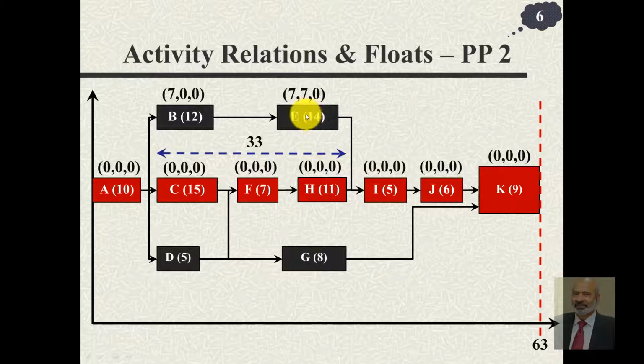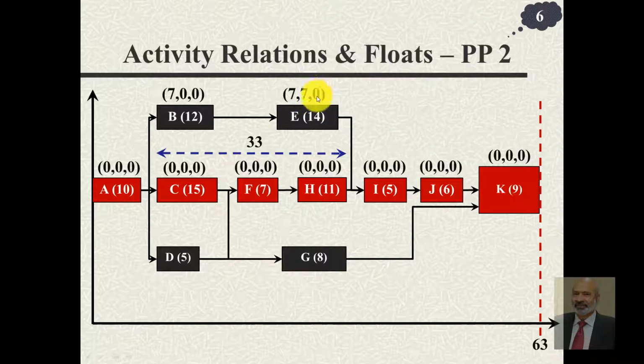Then E has a free float of 7 because while it has succeeding activities I, J, K, those are on the critical path and their floats are 0. So these cannot be delayed, and if these cannot be delayed, activity E cannot affect their delay. So it has a free float of 7.